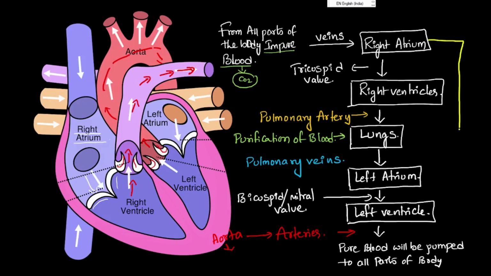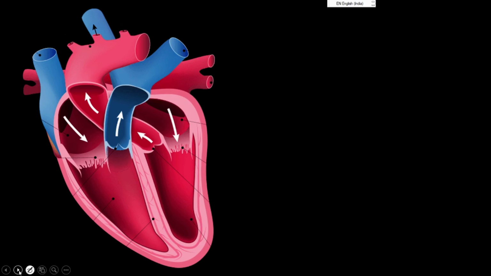Totally, two times the blood is entering into the heart, students. One is through the right atrium and the next one is through the left atrium. Hence the human circulatory system is popularly known as a double circulatory system, students. Why do we call it a double circulatory system?